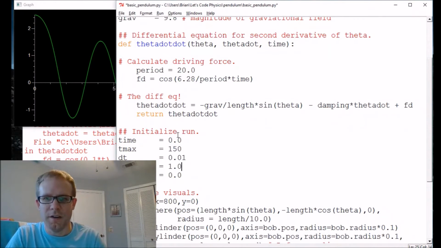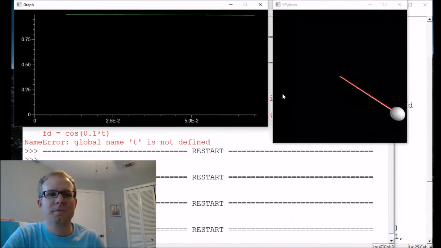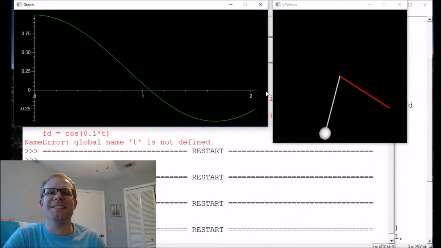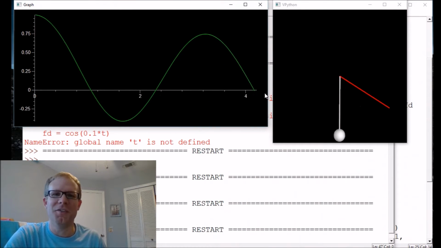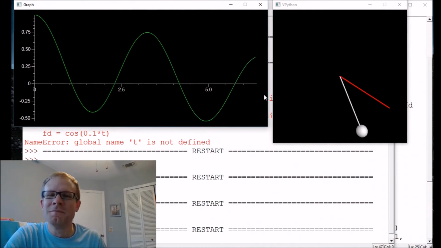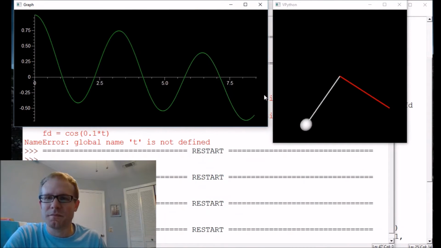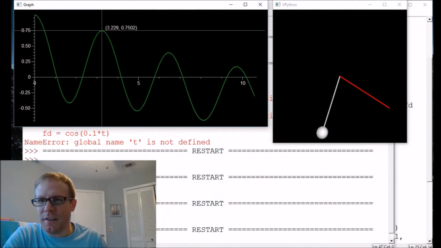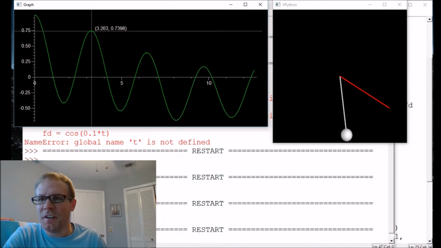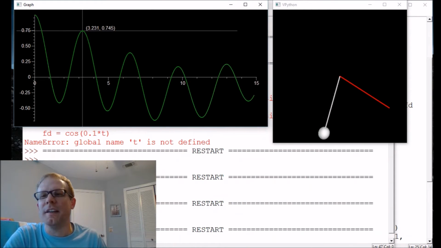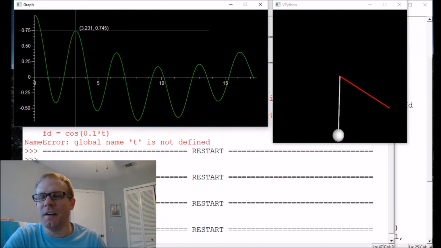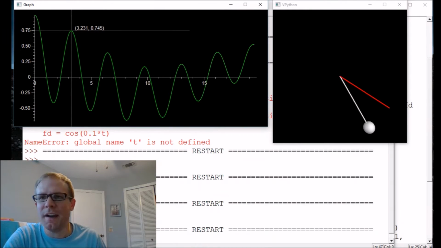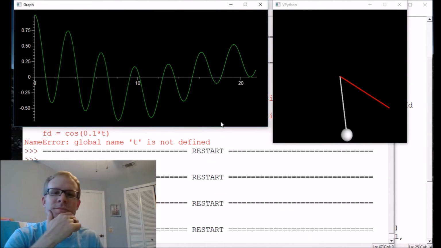Let's say theta only starts out at 1 instead. Give it a little bit less energy to have to dissipate before the driving force really takes over. And of course, changing that amplitude doesn't change. It gets a period closer back to pi there, like we had before.